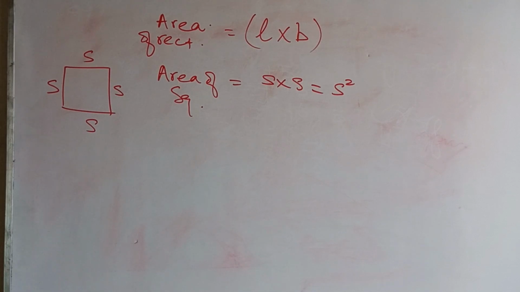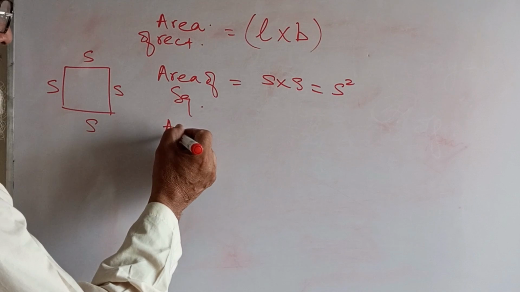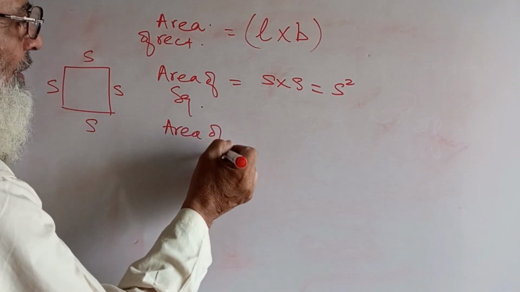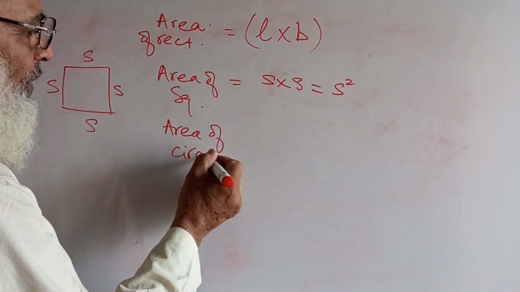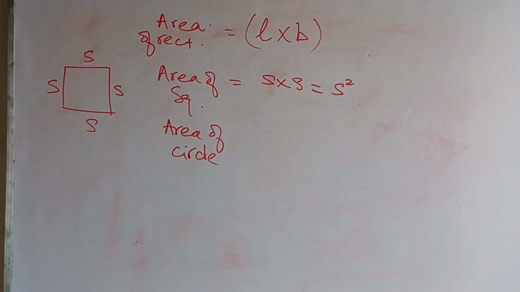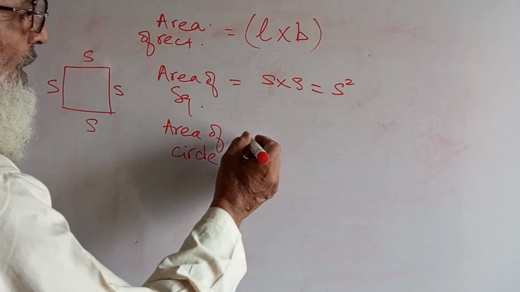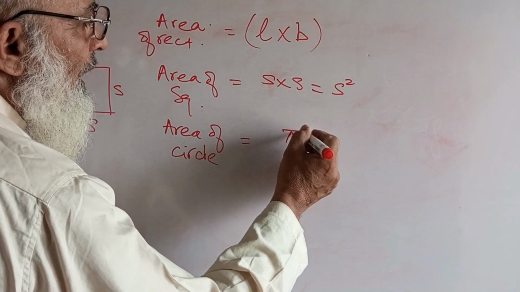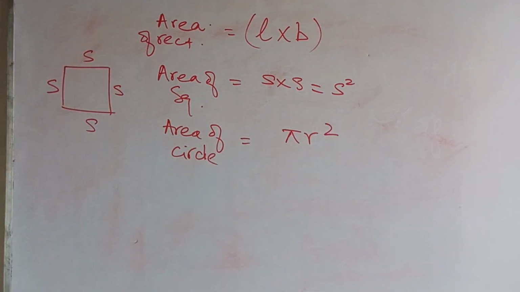Now, my dear students, what about the area of a circle? I told you that for each geometrical figure, you will find a different type of area. The area of a circle will be pi r square.